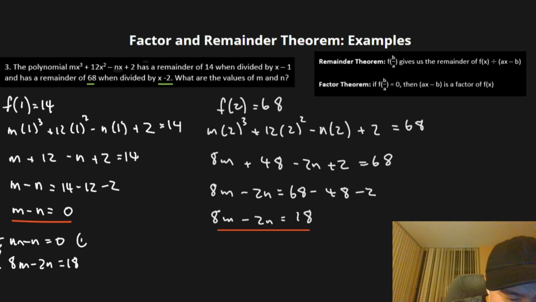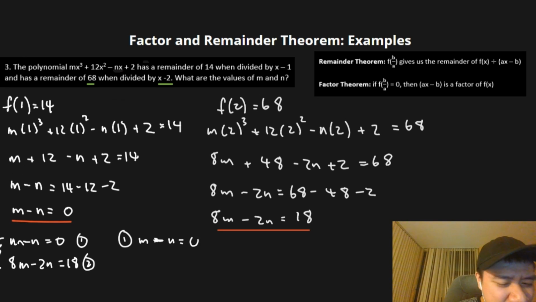The process for this is that you just have to choose one of the equations and isolate a variable. In this case, it's very easy to isolate, because that means m equals n. Then we substitute that into our other equation. So you have 8m, and I'm going to replace it with n.